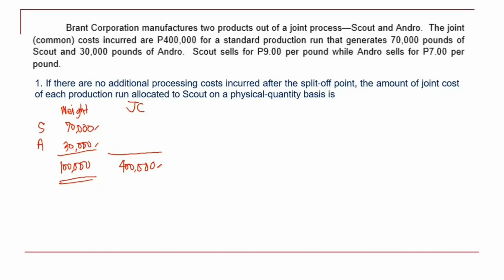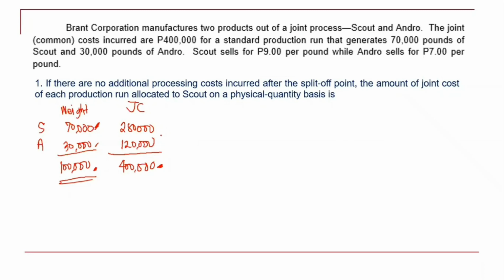So that would be 400,000 times 70,000 over 100,000, or 70%. That is 280,000 pesos. For Andro, that would be 400,000 times 30 over 100. So that would be 120,000. So yun na yung joint cost allocated based on the quantity basis.